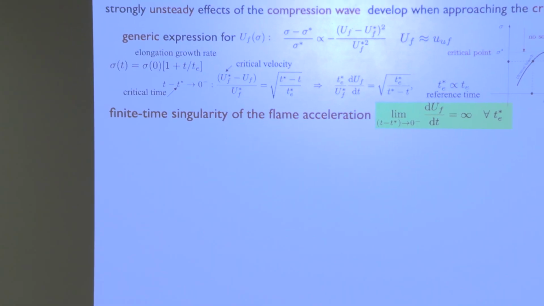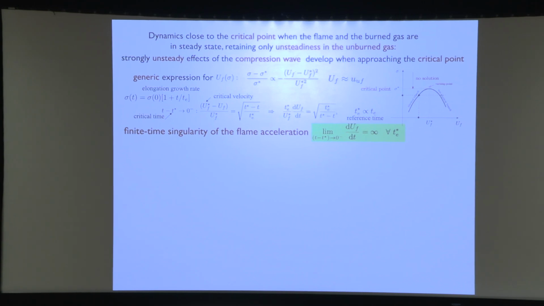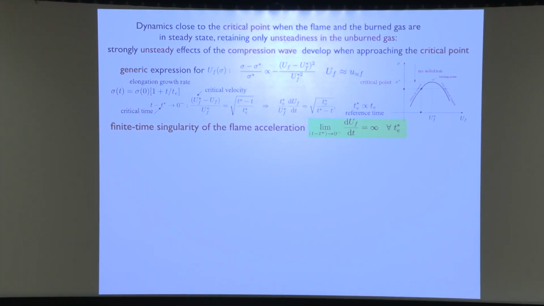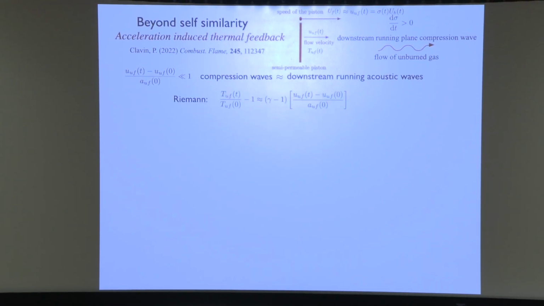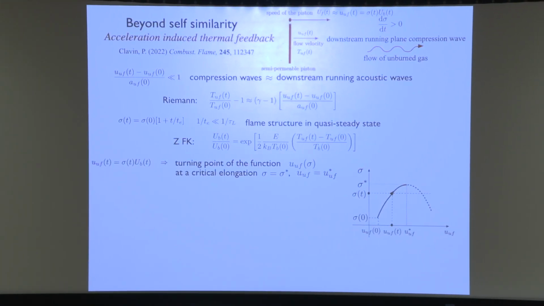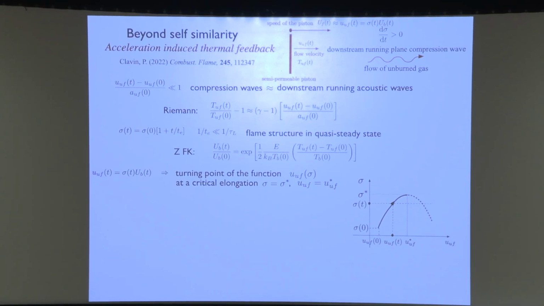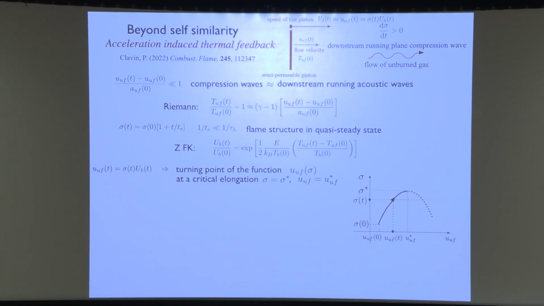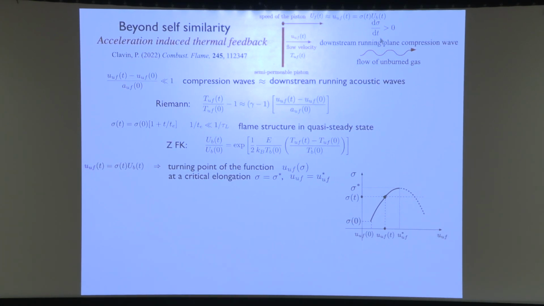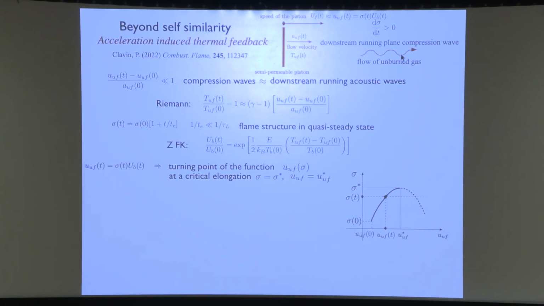Now, to tell you what I did: as soon as you take into account the downstream running planar combustion wave in front of the flame, produced by the acceleration of the front, you have to be back to Riemann.